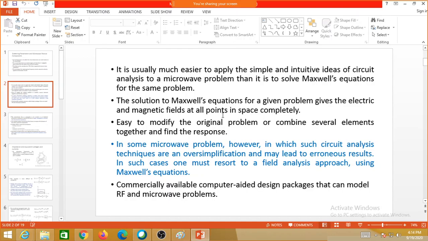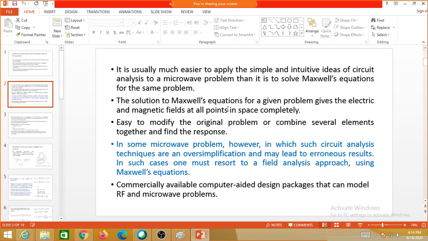The solution to Maxwell's equations for a given problem gives the electric and magnetic field, the solution of the complete problem. From that we can arrive at other parameters, like the power flowing through the circuit, or impedance, or any other parameters.